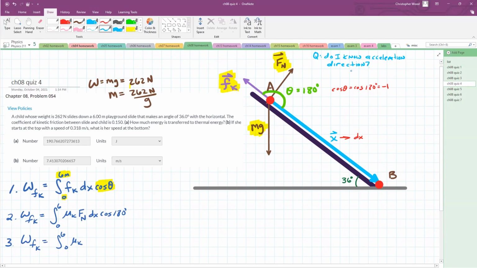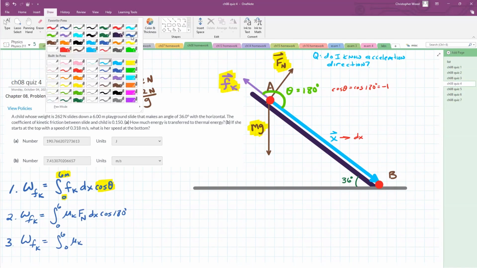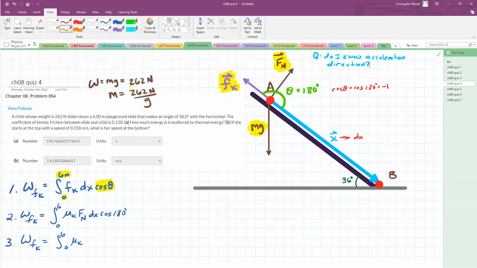And I think I do. I think this child is accelerating either down the ramp or up the ramp. I'm not sure which, but I do know one thing for sure: the child is accelerating parallel to the ramp surface. So I'm just going to call this plus x. You have to worry about this.